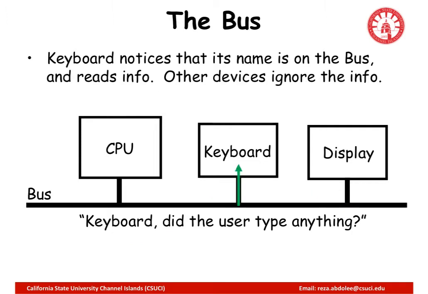Since the keyboard and display both are connected to the bus, they will receive the message and can take a look at the content of the message. So they both read the message. The keyboard sees that, okay, the recipient is the keyboard, so it takes the message in, but the display sees that it is not the intended recipient, so it simply discards the message.